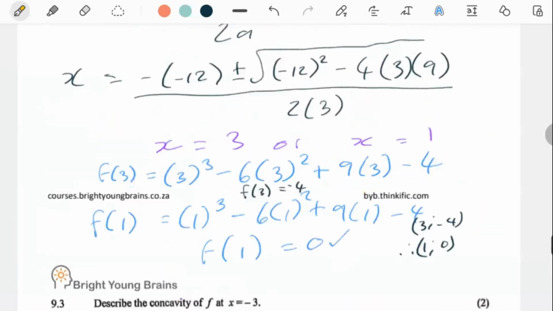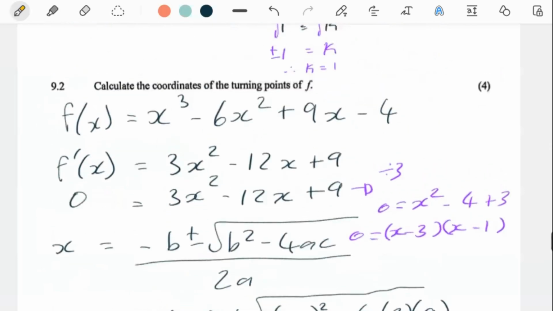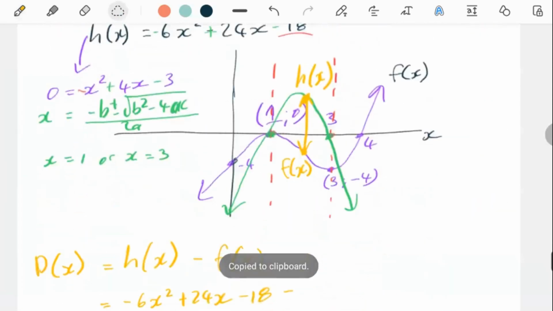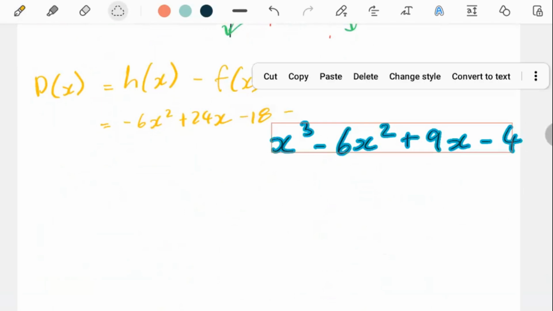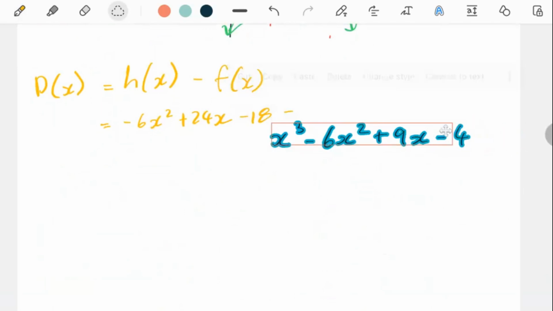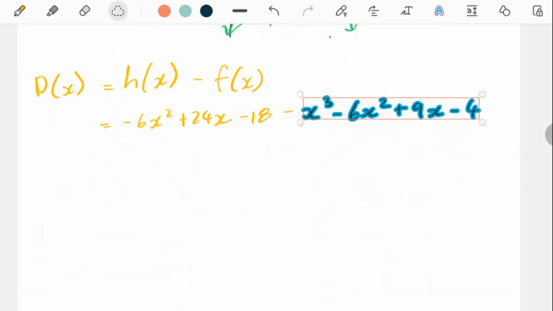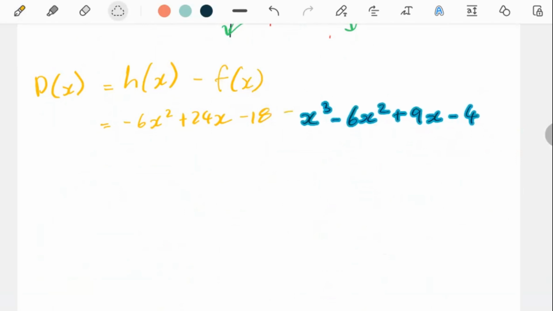F of x, we know it's this whole equation over here. So let's just take that equation, copy it, paste it down here. So you can see why this is a 6-mark question. Me having to have drawn the picture and all that is more for added information. But realistically speaking, you can just dive into doing what we're doing now.